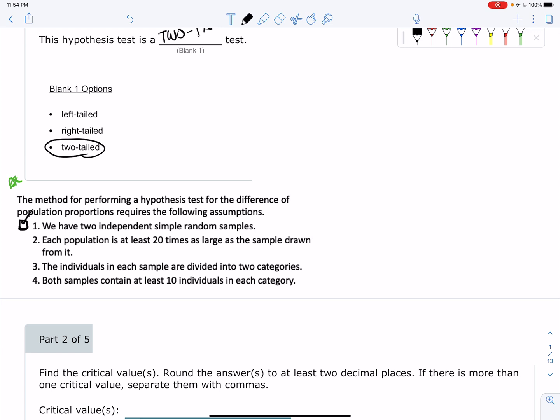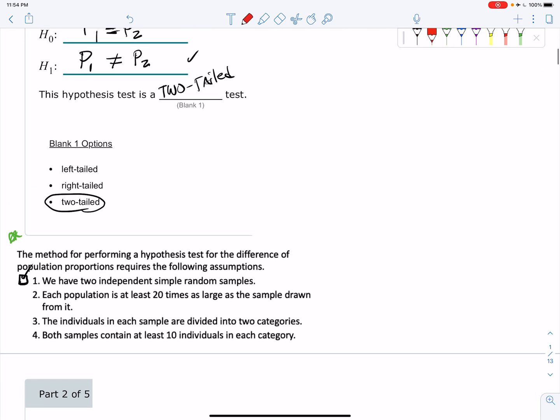And then we take number 2. Each population is at least 20 times as large as the sample drawn. Well, the first population were the boys, right? And with the boys, the sample drawn was 534.